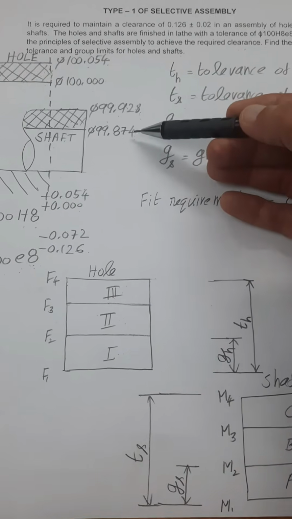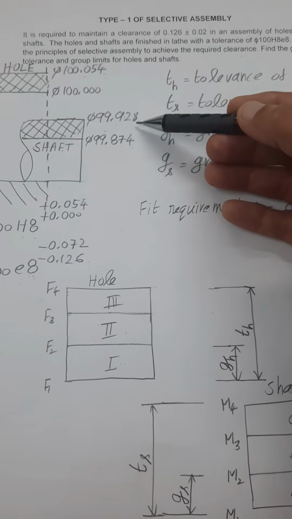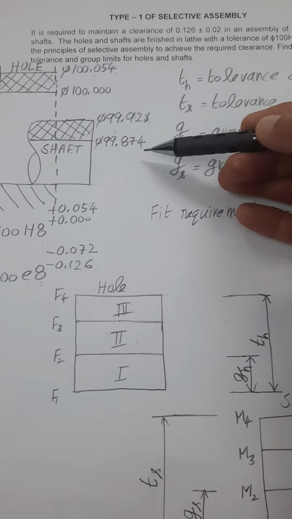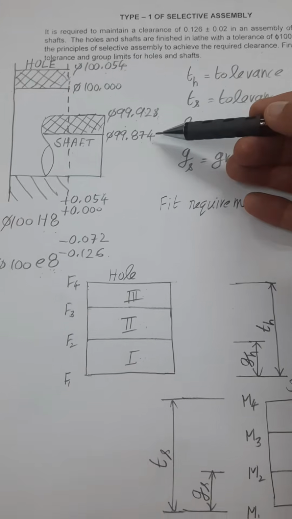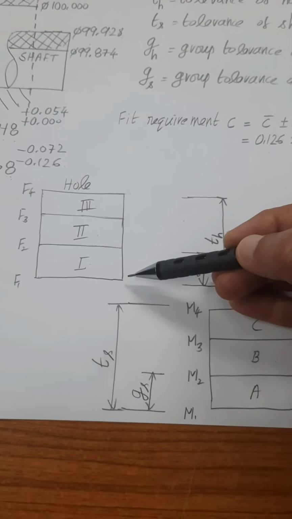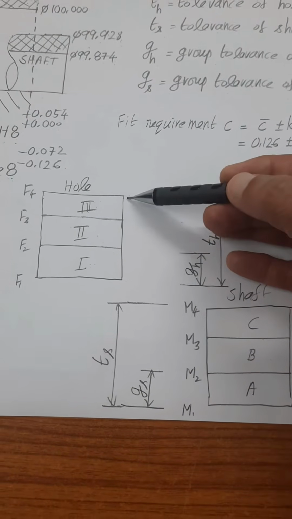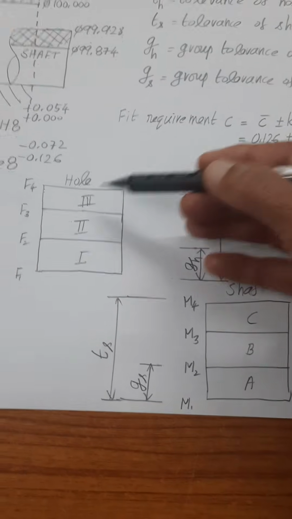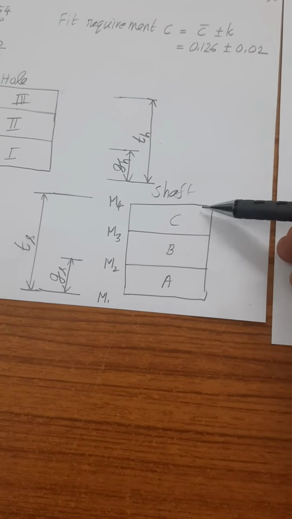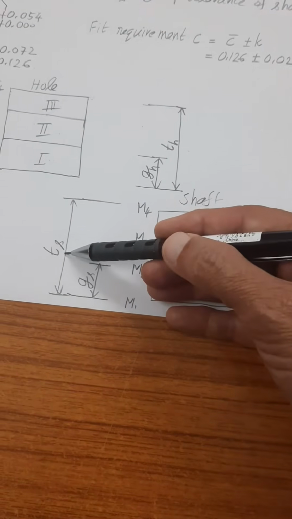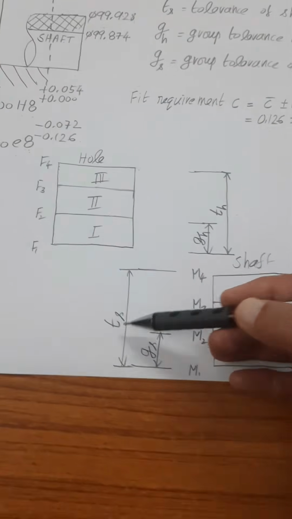If you subtract 99.874 from 99.928, TS is found to be 0.054.